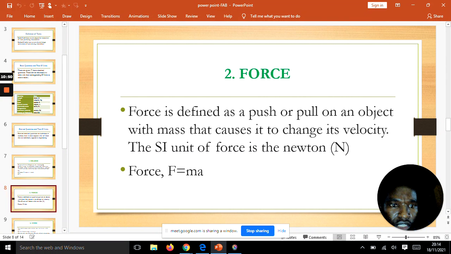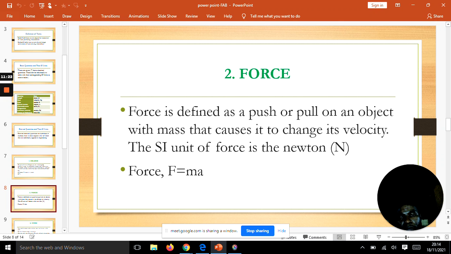The SI unit of force is the newton, abbreviated as capital N. Therefore, we have a formula used to calculate force. Force is given by F = MA, whereby M represents the mass and A represents the acceleration.